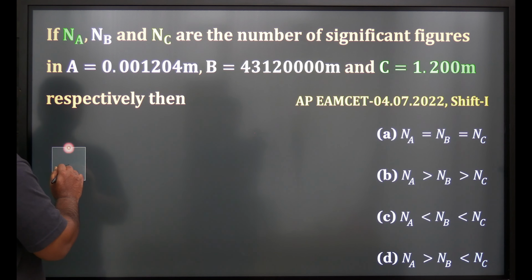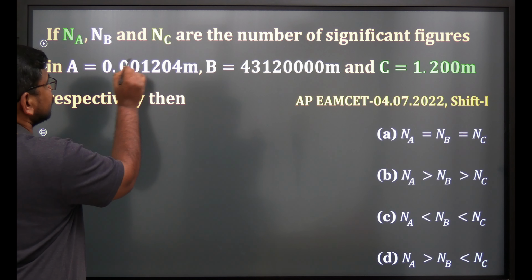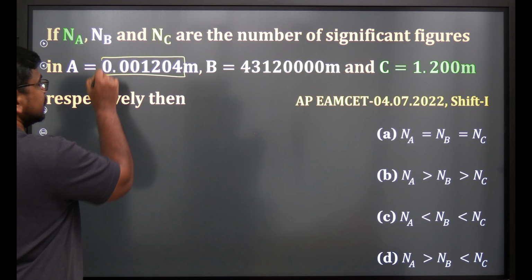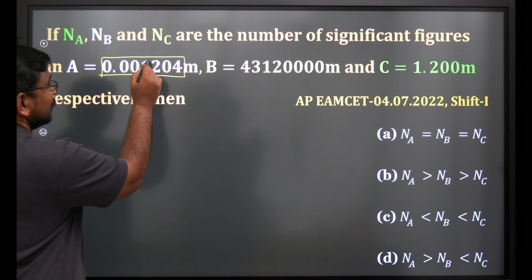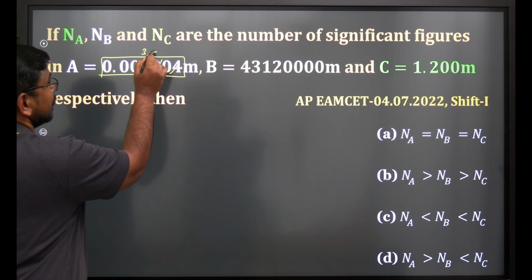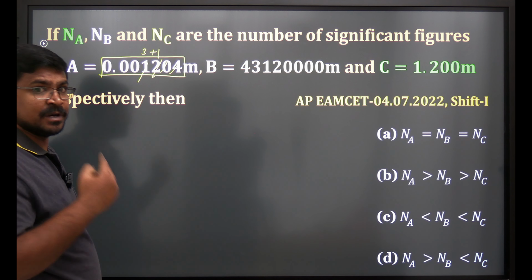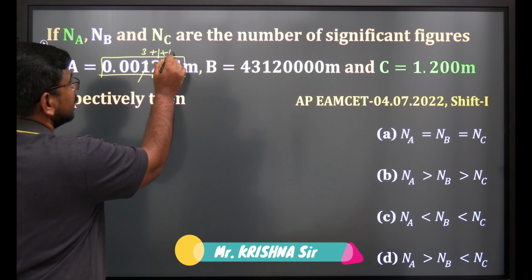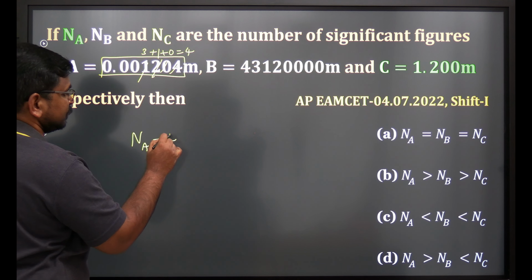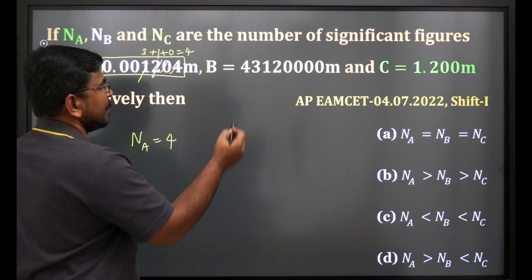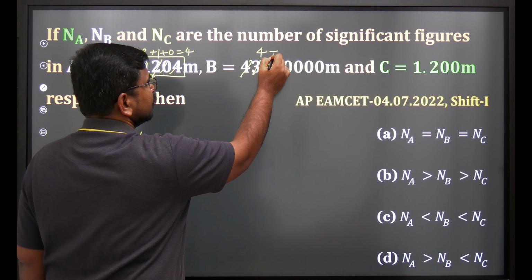Let me give you one simple idea. We know that the estimation of significant figures is A plus B plus C. A means the number of non-zeros: 1, 2, 3, so 3, plus the number of zeros between non-zeros, 1, plus in case of decimal the rightmost zeros, none, so 0. Total 4. So NA equals 4. Coming to B, the number of non-zeros: 1, 2, 3, 4, so 4. Zeros between non-zeros, none.